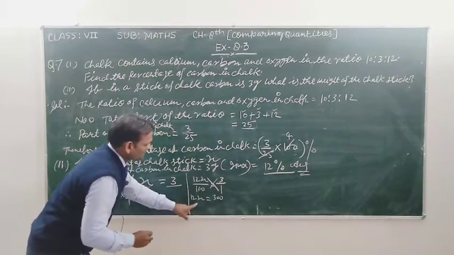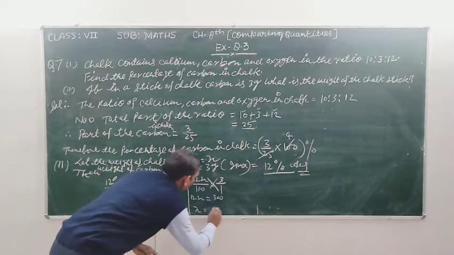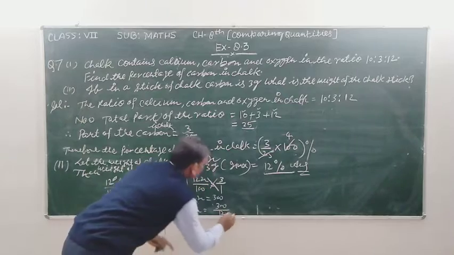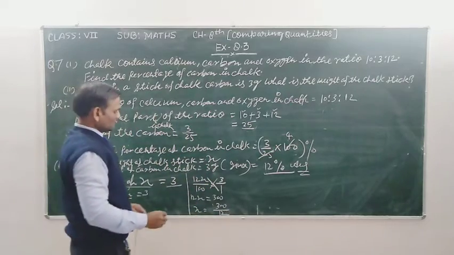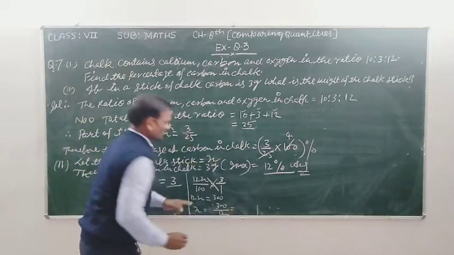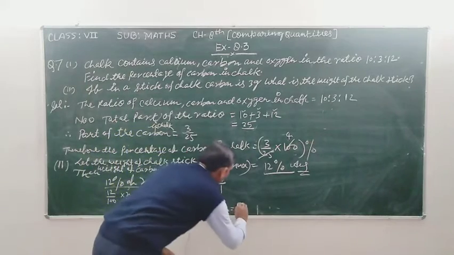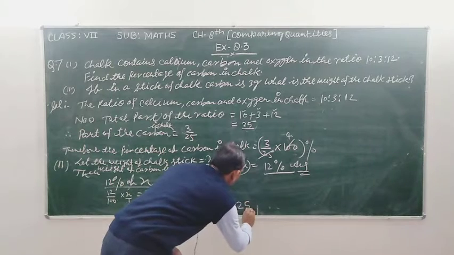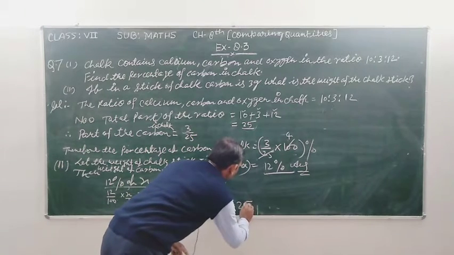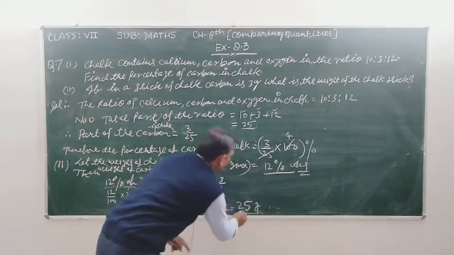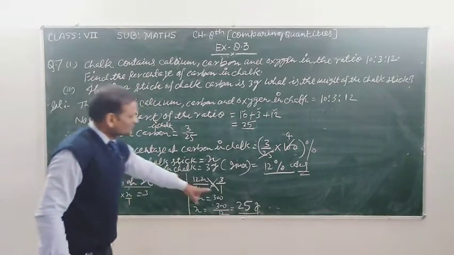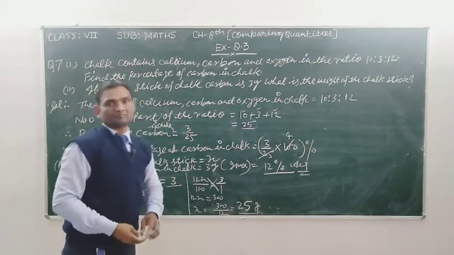Now find out the value of x. x is equal to 300 upon 12. Now divide it. 12 2 ja 24, 6 is 30, 12 5 ja 60, that is 25 gram. The weight of the chalk stick is 25 gram.